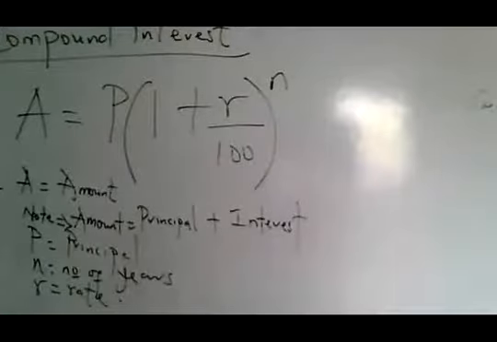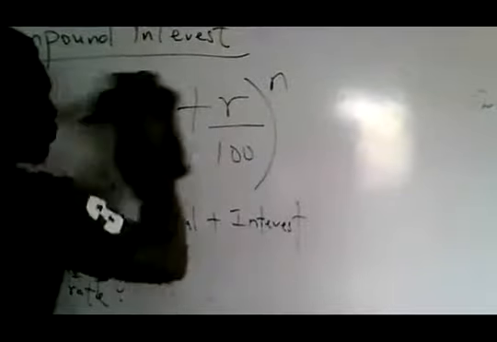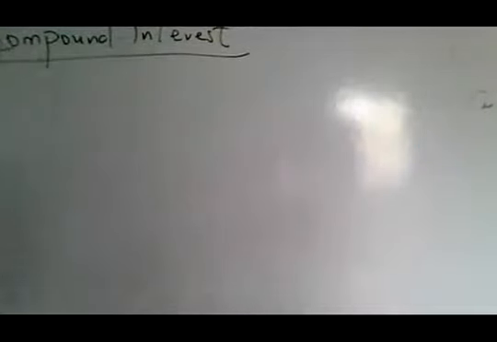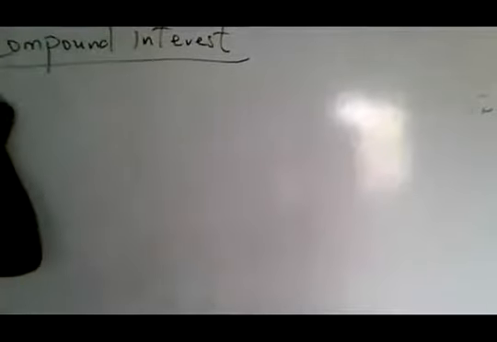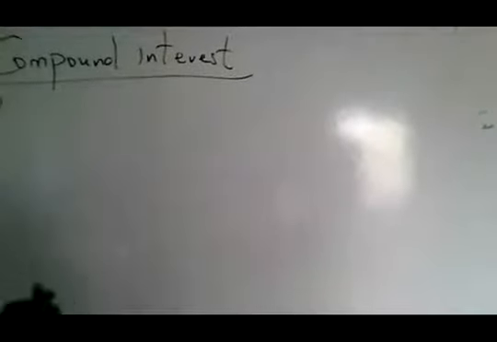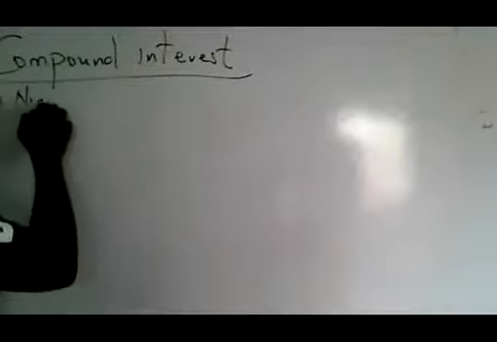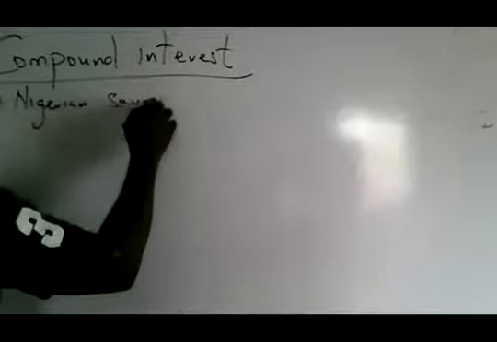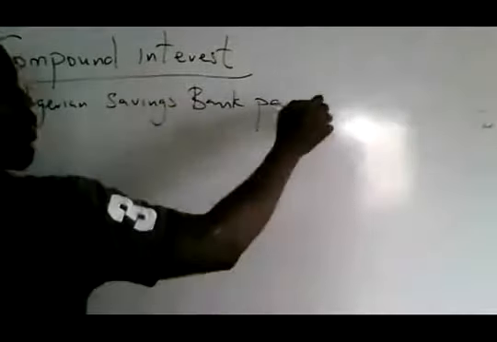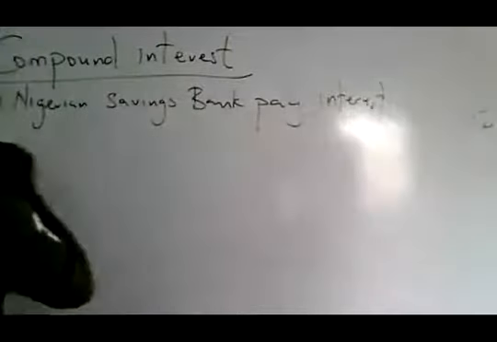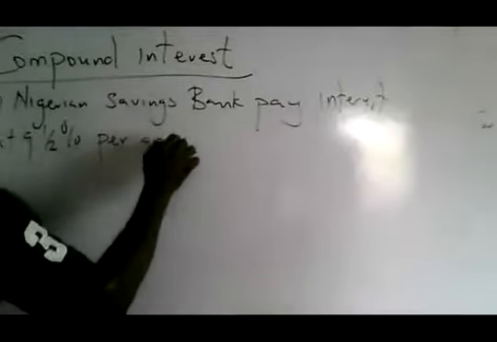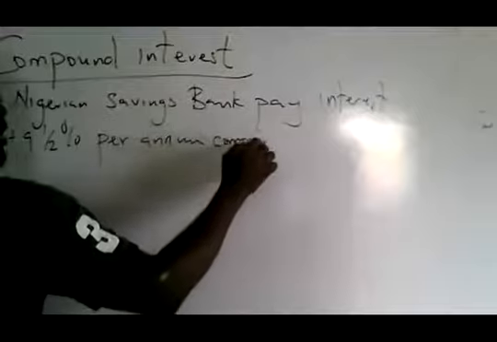They said, a Nigerian savings bank account pays an interest at 9.5% per annum, compounded yearly.